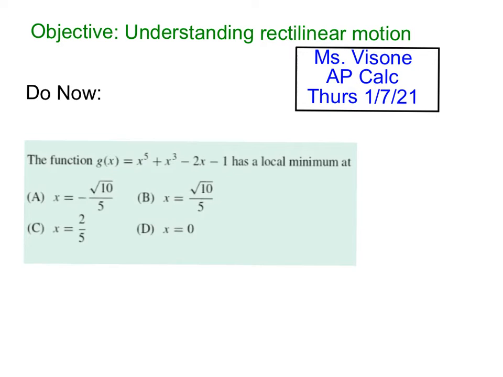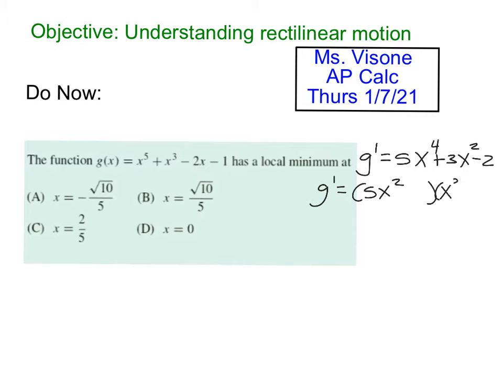So we are finding the local minimum. So g prime equals 5x to the fourth plus 3x squared minus 2. G prime equals, we can factor that, (5x squared - 2)(x squared + 1).